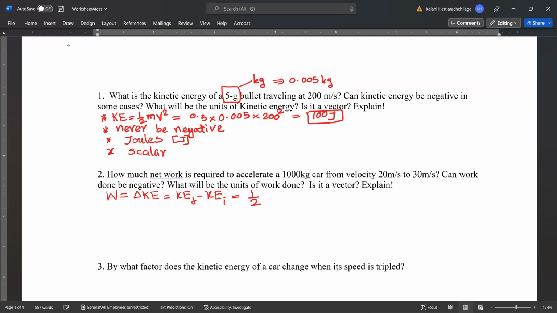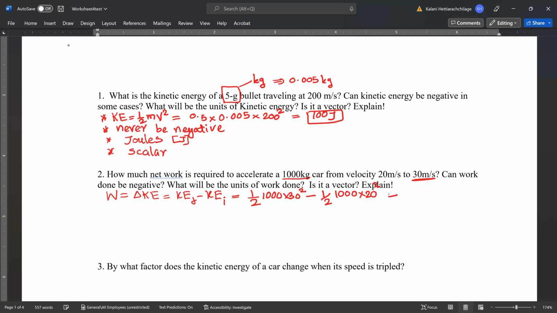Final will be when you have 30 meters per second, right? So that means mass is 1000. See that it is in SI unit already. I don't want the conversion in there. So half times 1000 times 30 power 2, minus the next term, kinetic energy initial. Again, the mass is still the same car, and velocity is now 20 power 2.